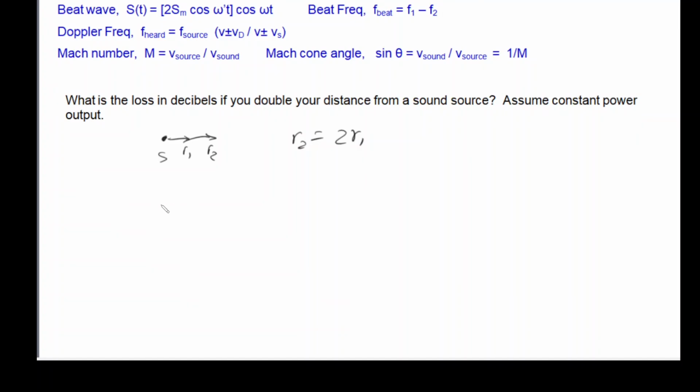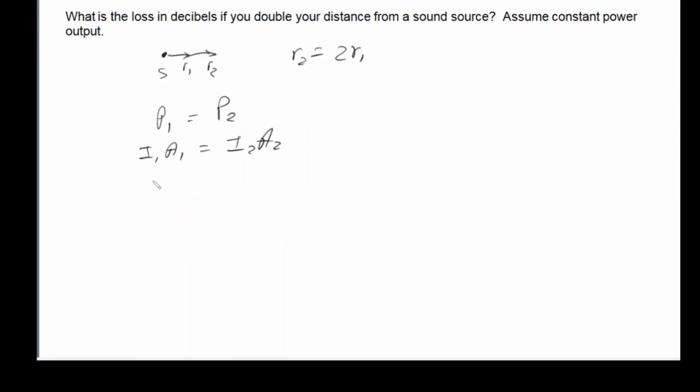Well, we know that the power stays the same as it travels, so power at point 1 is equal to power at point 2. So intensity times area at point 1 equals intensity times area at point 2. So intensity 1 times 4 pi R1 squared is equal to intensity 2 times 4 pi R2 squared.